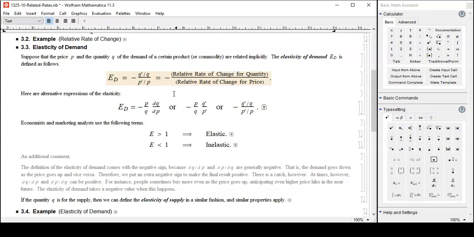But that doesn't always work. In some cases, in a bubble economy or something like that, even if the price goes up, demand may go up even further. And there are some items, some products that work typically that way.